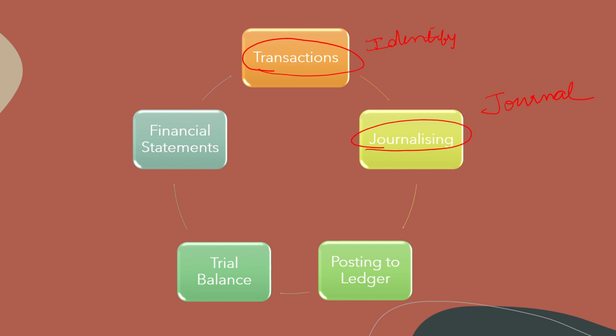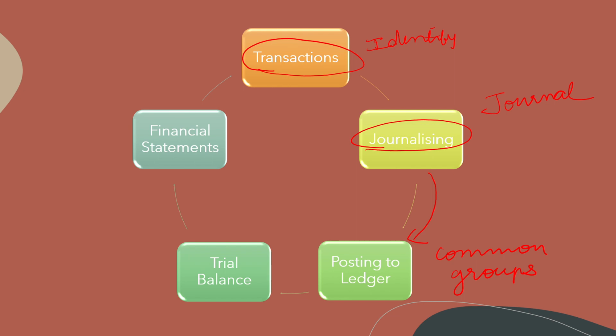What is the next step? The next step is to post it in the ledger. Ledger means it is again a book where the journalized transactions are now segregated into common groups and made into a format, right?